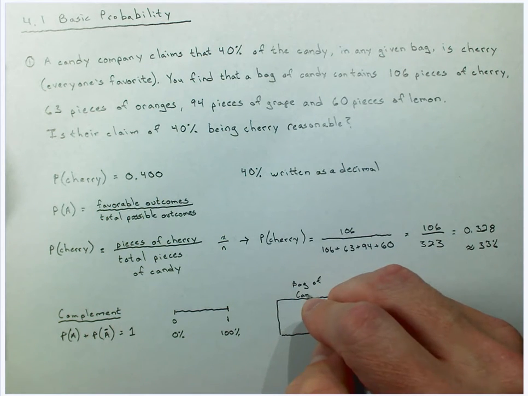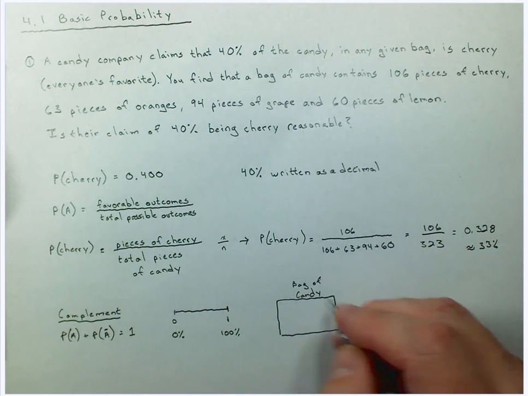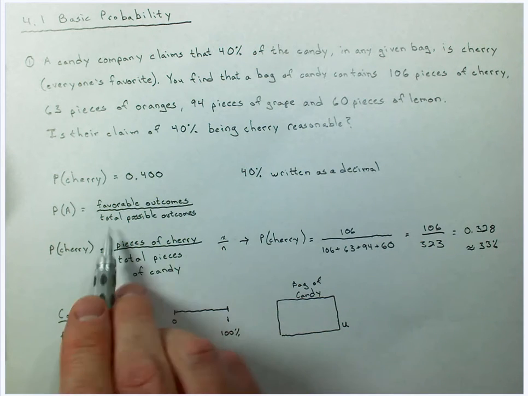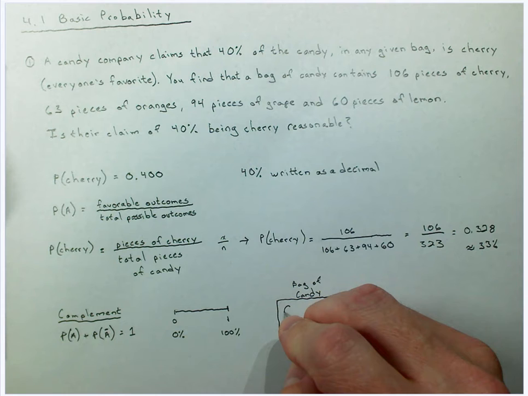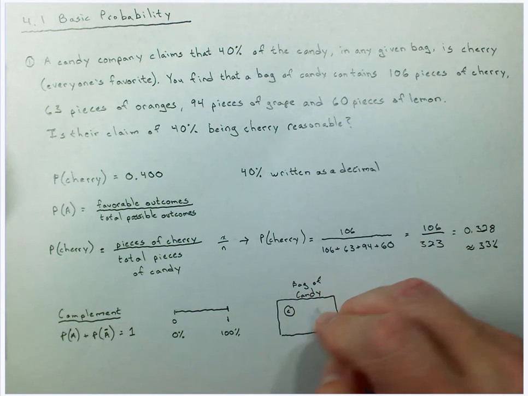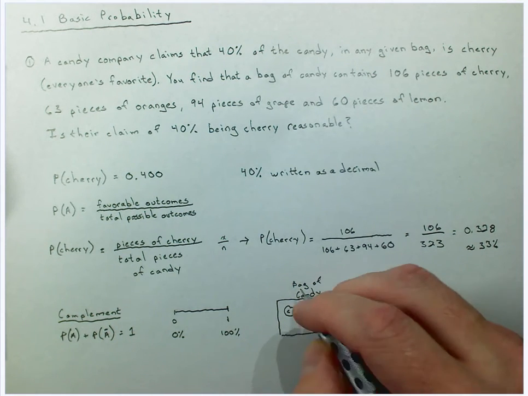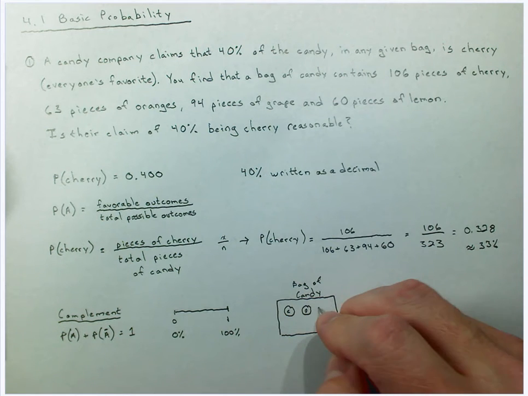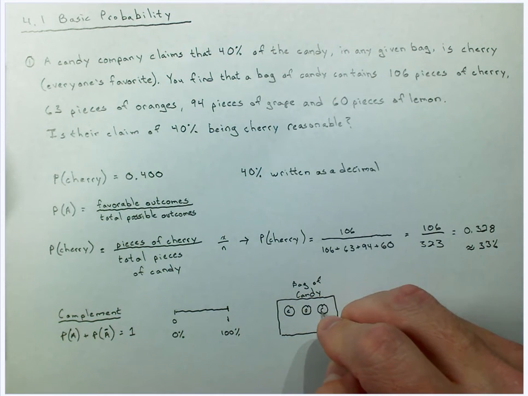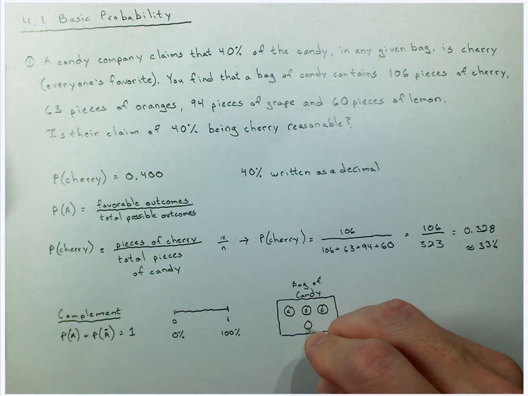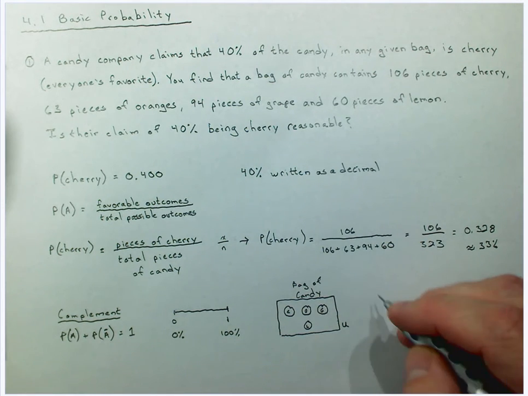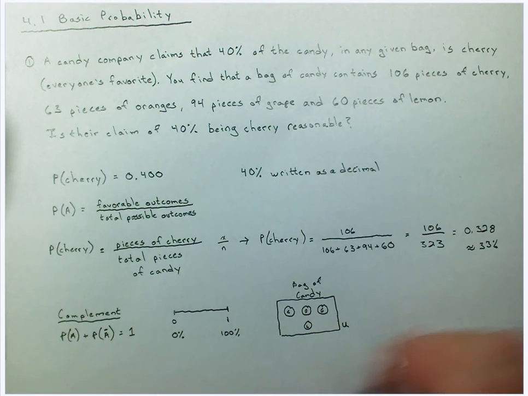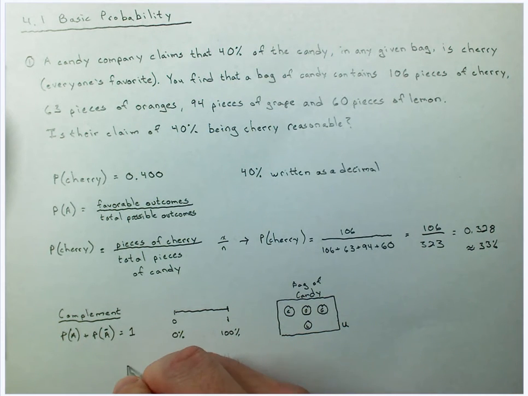It's everything in my universe. All my total possible outcomes are contained in that bag of candy. And in there, I have the probability of cherry, the probability of orange, probability of grape, and the probability of lemon. That's how I can view that.